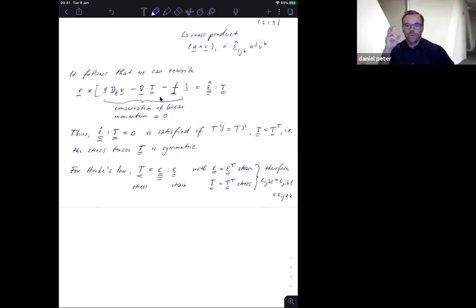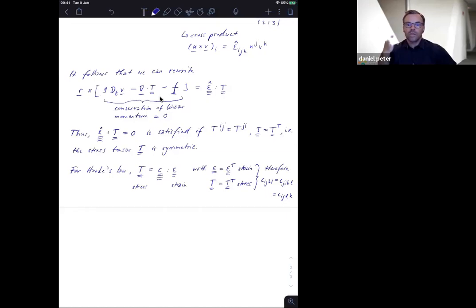So there's a third imposed symmetry on the elastic tensor, which leads to the reduction of the number of free parameters that the elastic tensor can have. The elastic tensor is a fourth order tensor, Cijkl, so the indices go from 1 to 3.